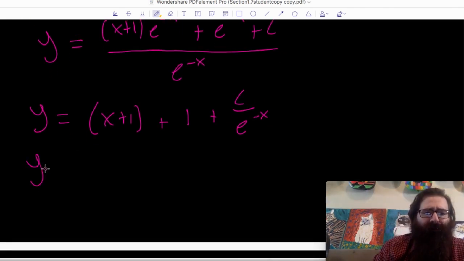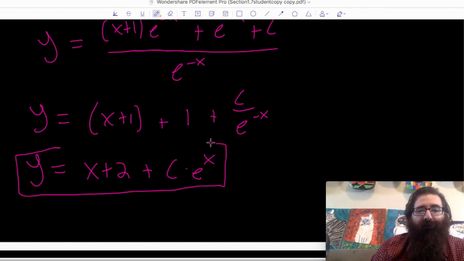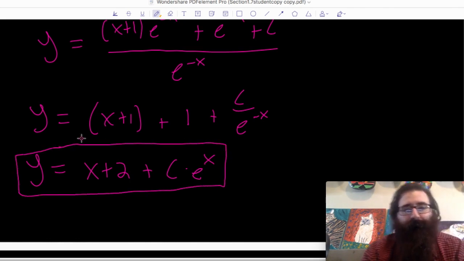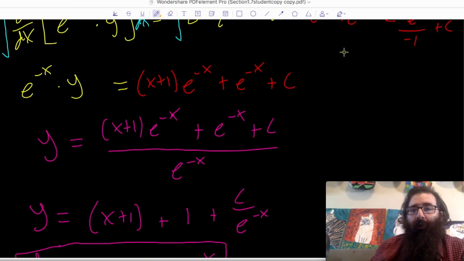So here we get y is equal to, I have x plus 1, which is x plus 2, plus c divided by e to the negative x. I can write this as a product, c times e to the x. And this is my general solution. Now from here we had that initial value, that y at 0 is equal to 1.